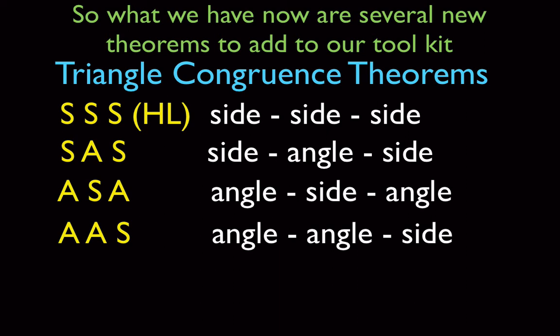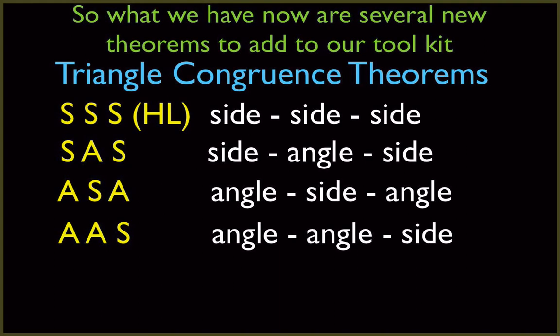To talk about hypotenuse leg, what that means is if you have a right triangle, so obviously a right triangle with a 90-degree angle in here. If you know that the hypotenuse and the leg on two triangles are the same, well, even though it looks kind of like side, side, angle, you've got a side and an angle.